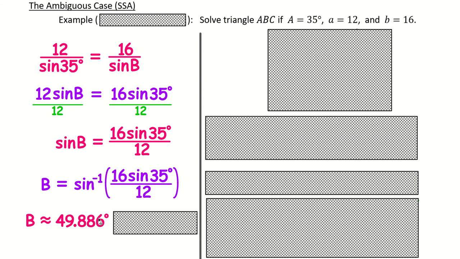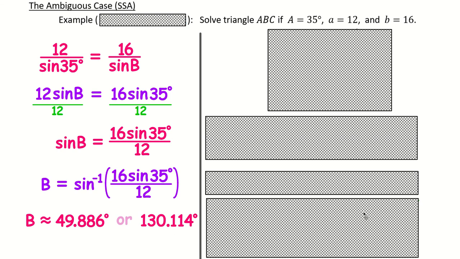49.886 degrees, right? But remember, this is the major plot twist that you've got to try to learn as soon as possible. There is also a quadrant 2 answer that angle B could equal, and all we've got to do is subtract that from 180, and here is your other possible angle B. But here's the thing.